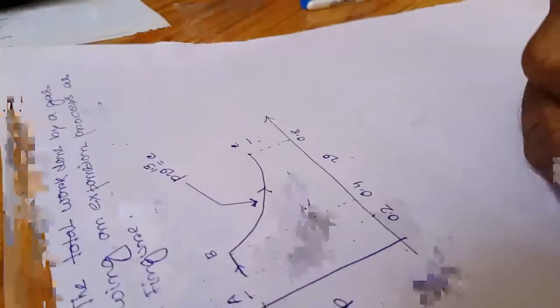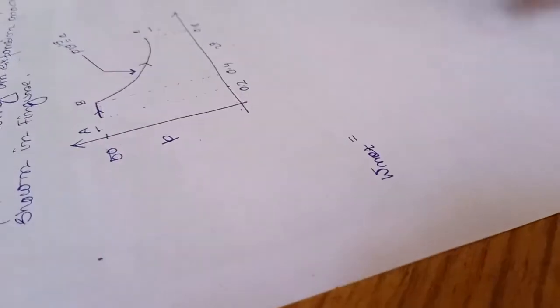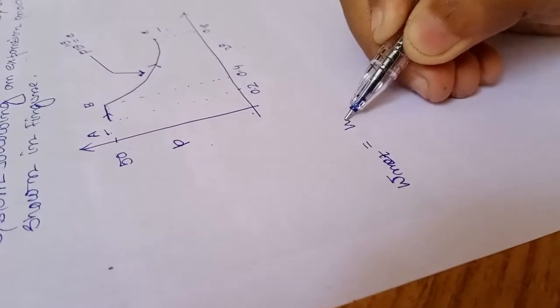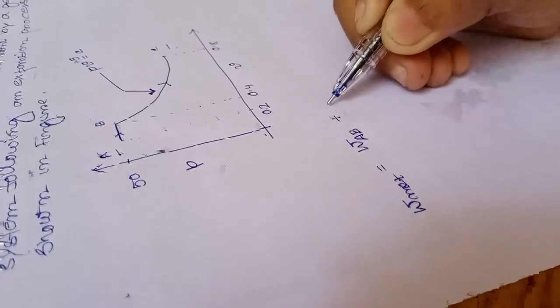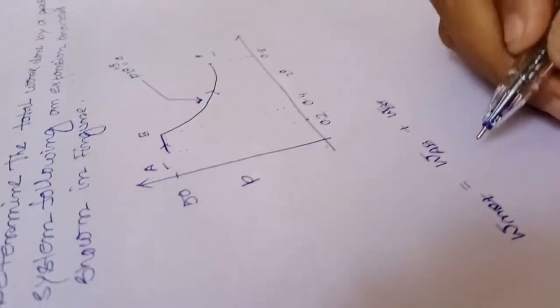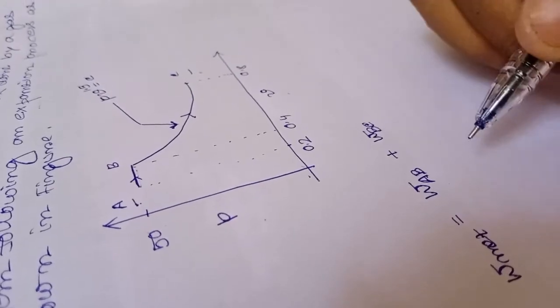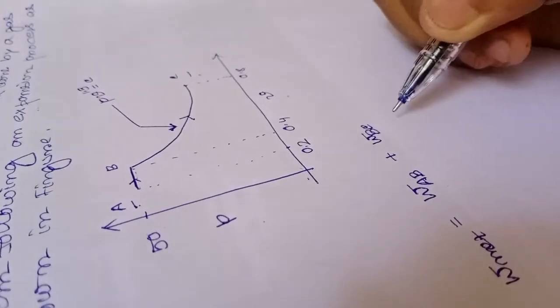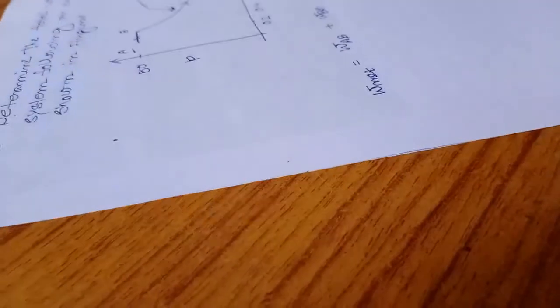We will find out the net work done, W net, which we can write as WAB plus WBC. We have split it into two processes, and we will separately find out WAB and WBC. Then we will get the net work done by adding these two.